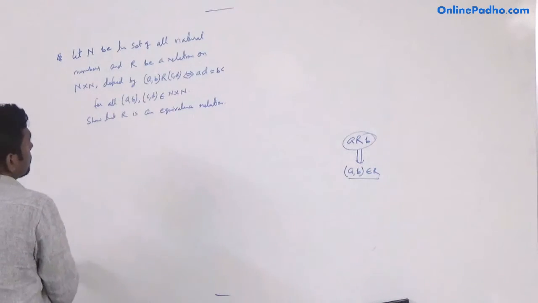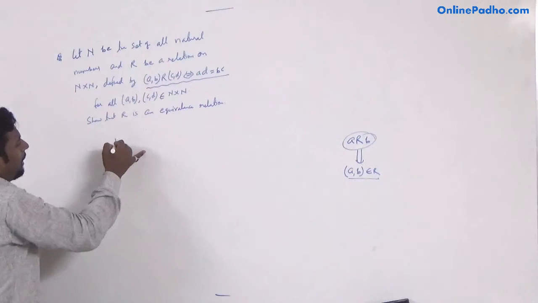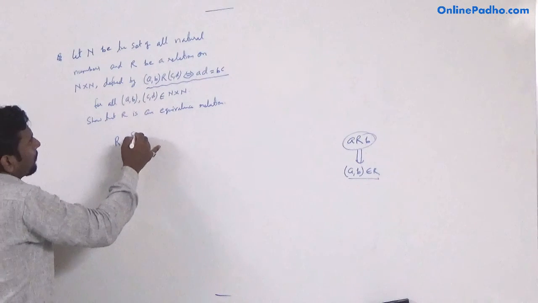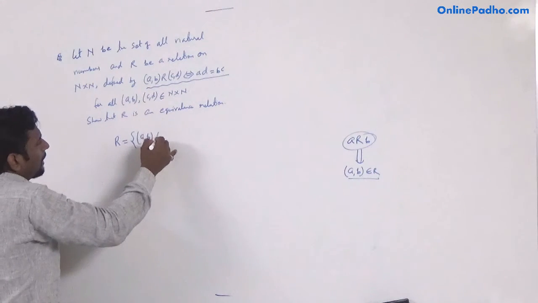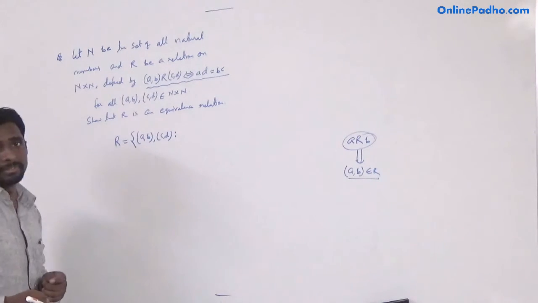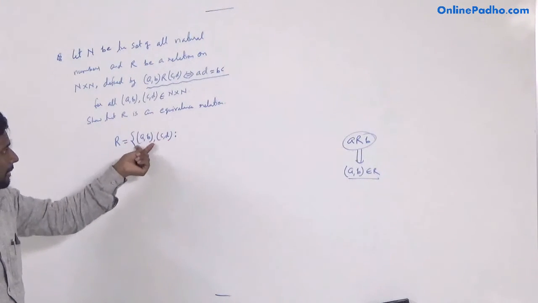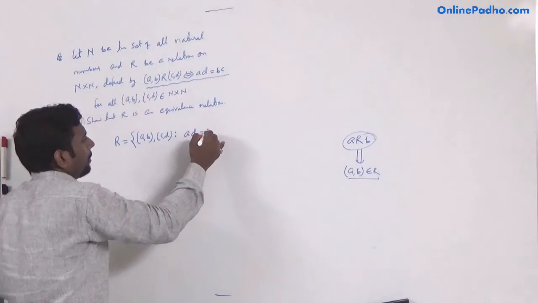Now let us see. This relation can be written as R is equal to {((a,b),(c,d))} such that ad is equal to bc.